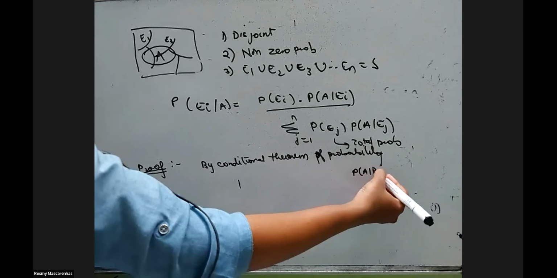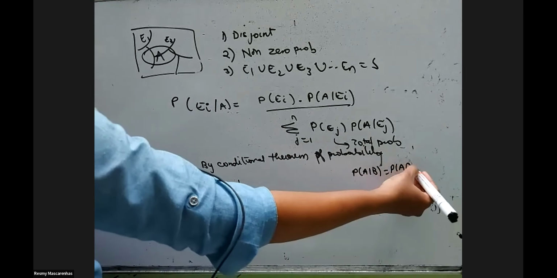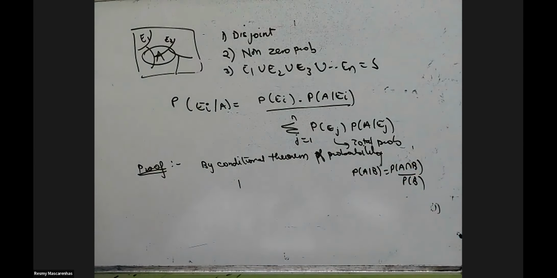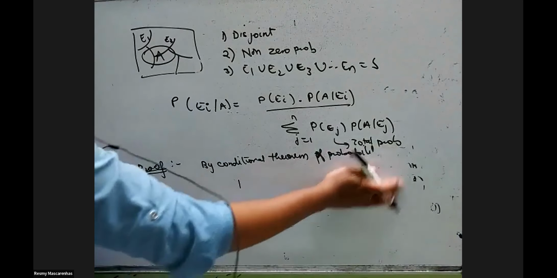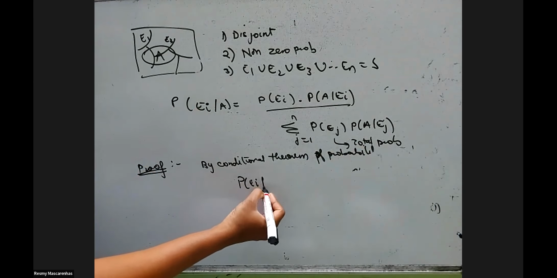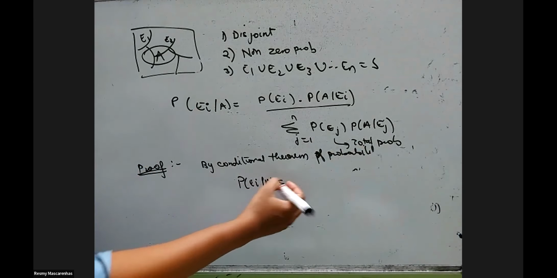P of A upon B is P of A intersection B upon P of B. This is the conditional formula. Same way, if we had B upon A, then it would be A intersection B upon P of A. So as per that logic, P of Ei upon A will be equal to this intersection this.